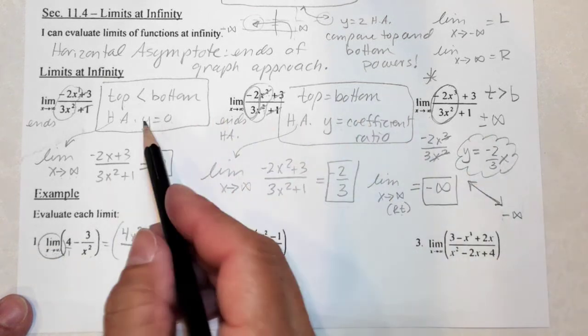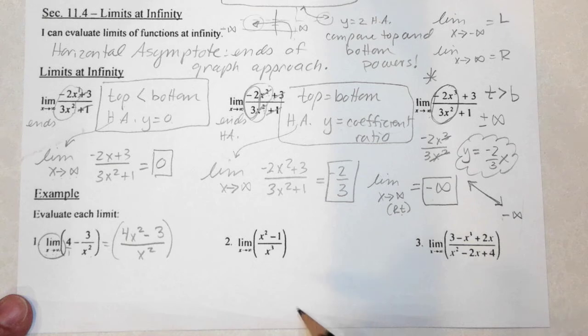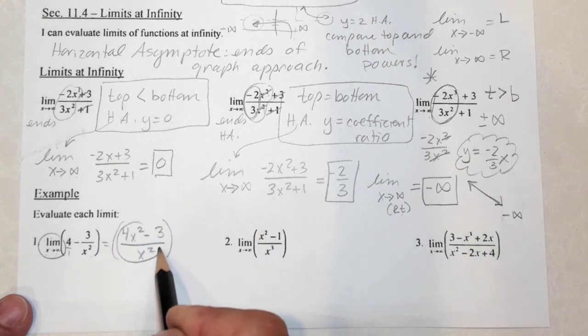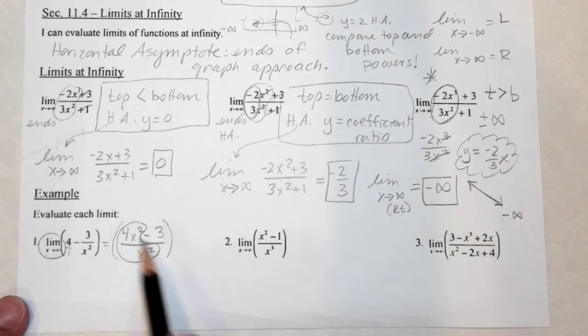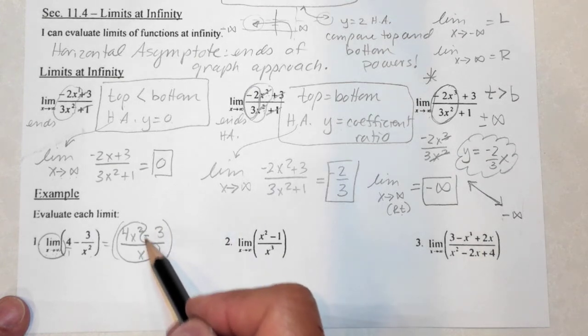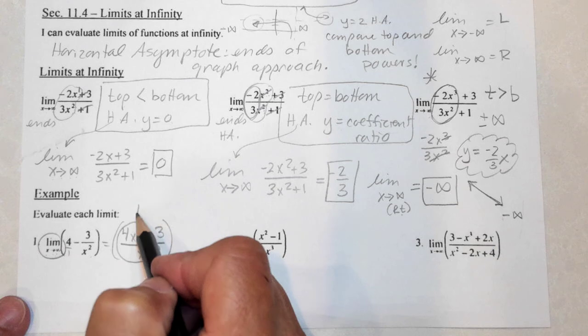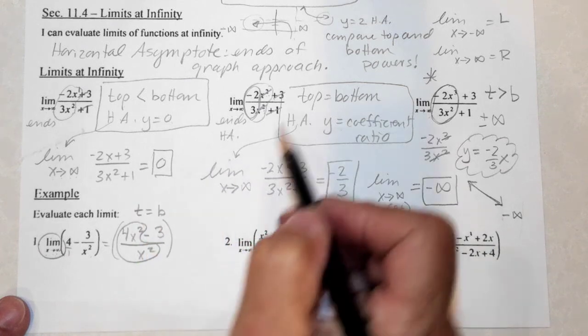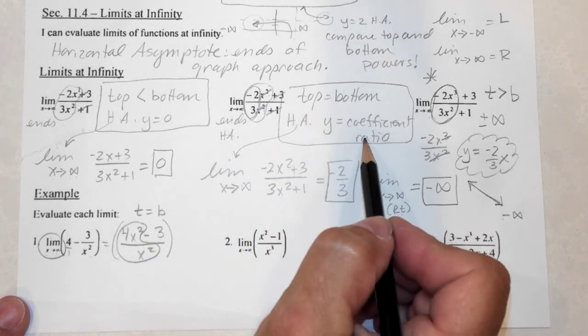And I can go back to my 3-step comparison and say, all right, I'm just going to compare these first 2 things, 4x squared over x squared. Since these have both a power of 2, my top equals my bottom, and I'm in the second scenario.